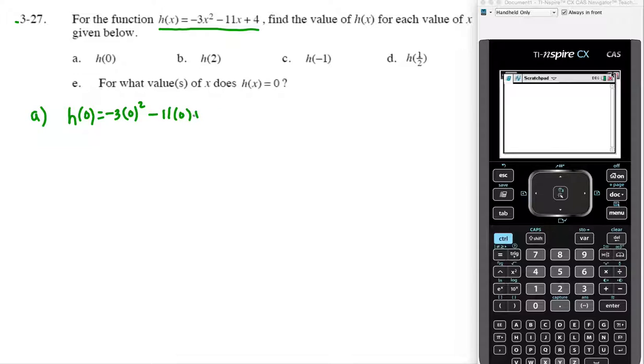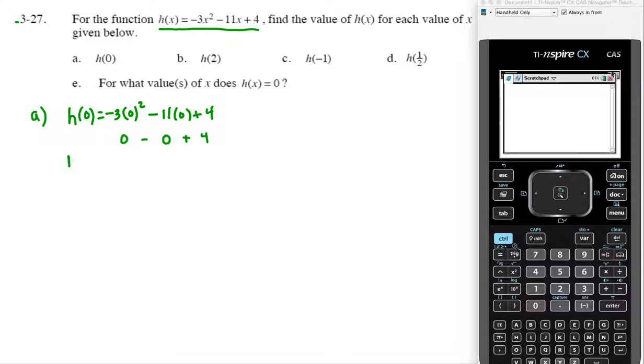And then we're going to add 4. Choose our order of operations to simplify this down. 0 squared is going to be 0 times negative 3 is 0. Then we have minus 11 times 0 is still 0. And then plus 4. So 0 minus 0 is 0, plus 4 is going to be 4.